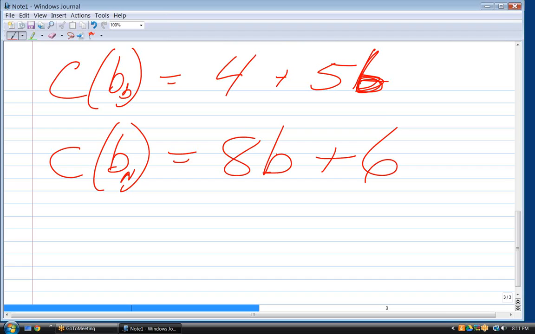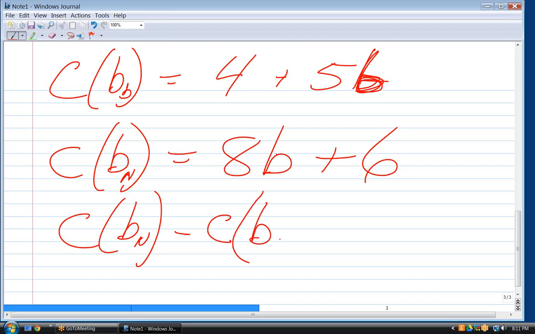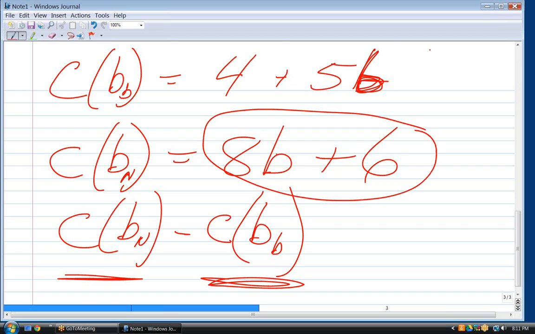So you have to do the cost of B necklaces minus the cost of B bracelets. And that would give you how much more expensive it is to produce the B necklaces. So, all I do is do this minus that. What do you get?